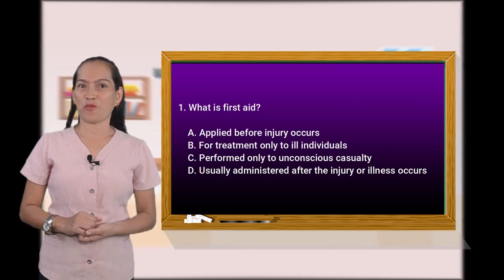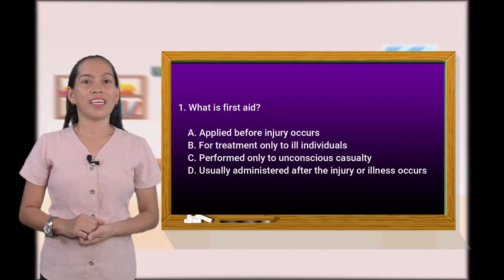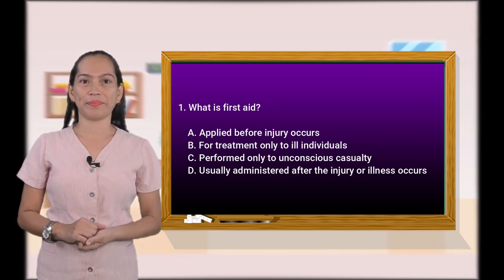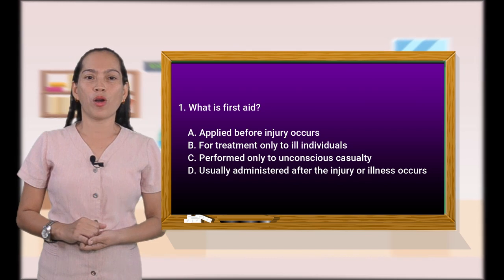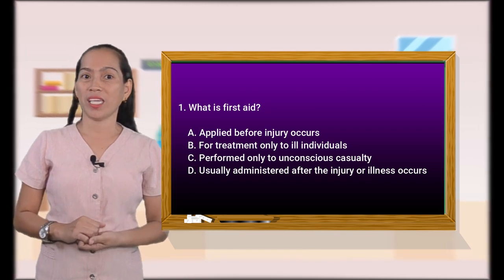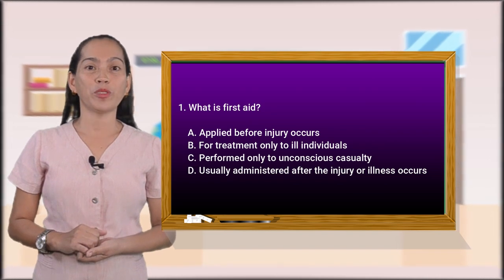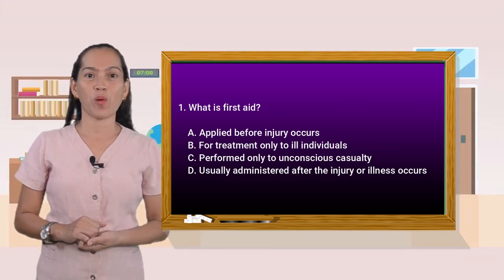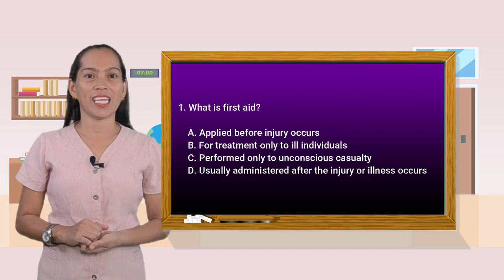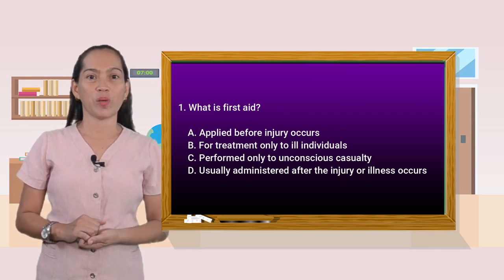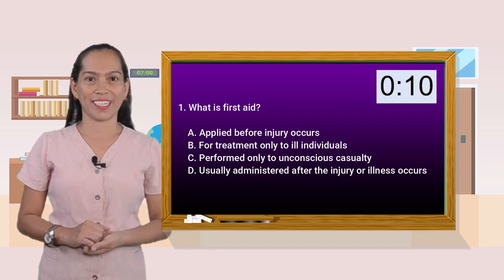What is first aid? A. Applied before injury occurs. B. For treatment only to ill individuals. C. Performed only to unconscious casualty. D. Usually administered after the injury or illness occurs.